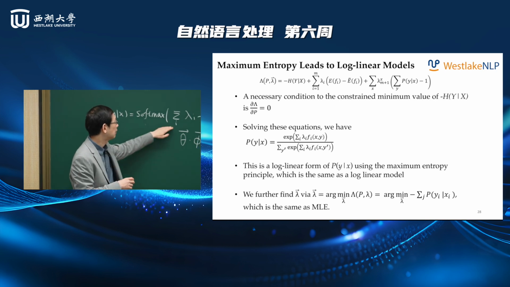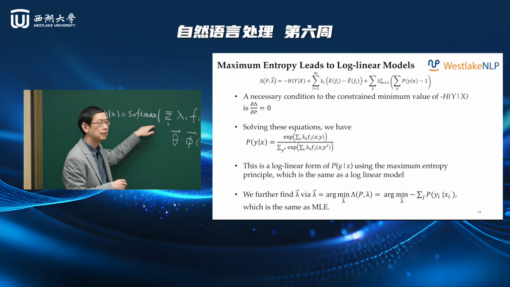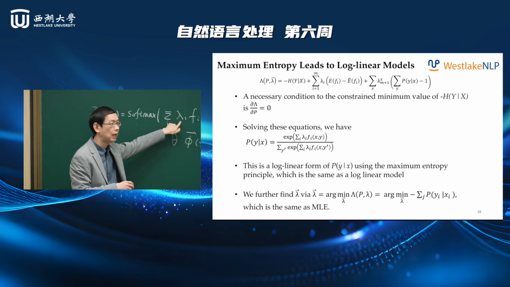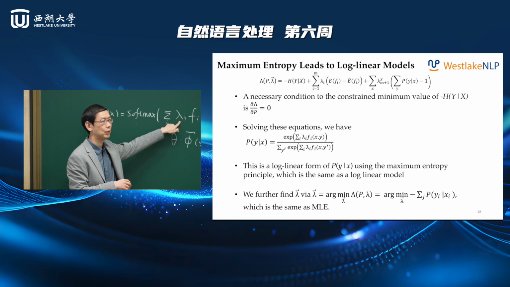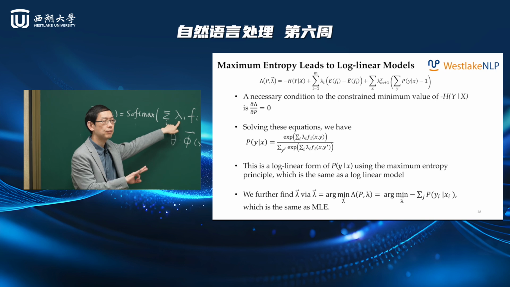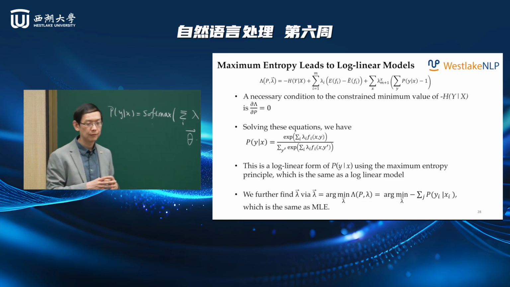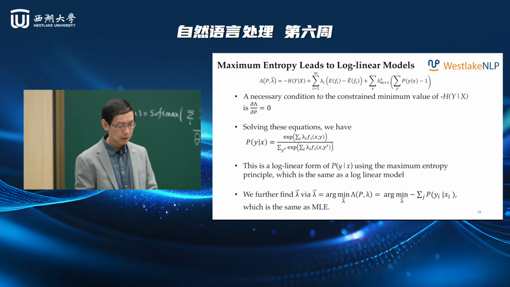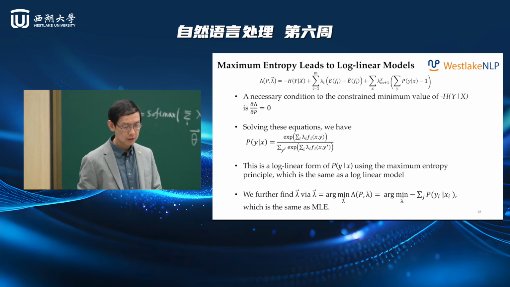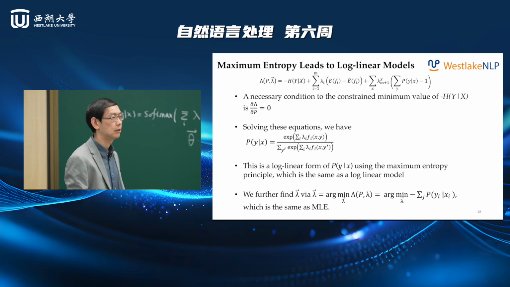It turns out that the process when I find the maximum lambda values is maximum likelihood estimation, okay? So by using the maximum entropy principle, I fulfilled both step 2, the parameterization, and step 3, the training. And that's pretty much what I have to end up in the first class.